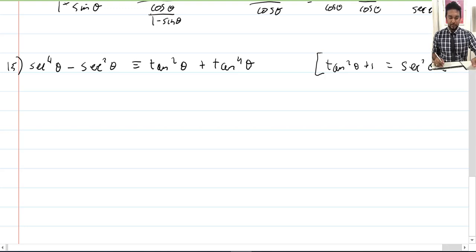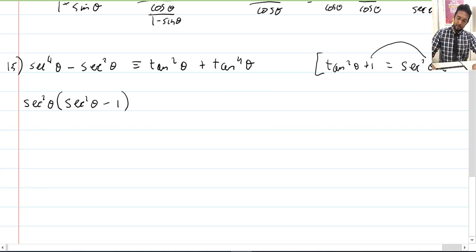Alright, sec to the 4 minus sec squared. We could factorize sec squared theta into sec squared theta minus 1. So look at that. If we carry that across there, what do we get? Sec squared theta minus 1, right?